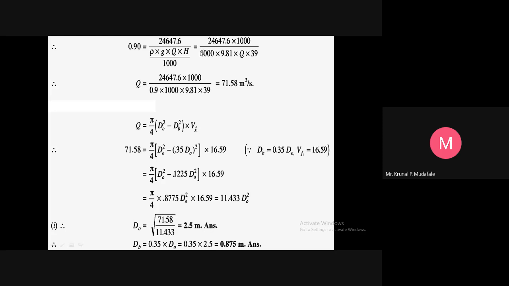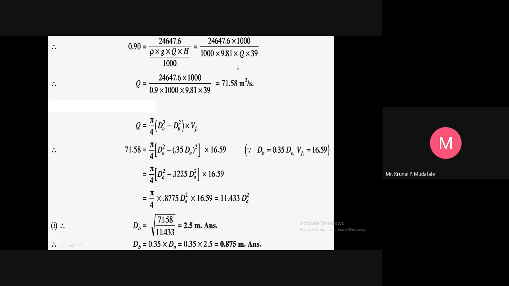Here again the power is given in kilowatts, so convert that kilowatt into watt by multiplying by 1000. So 24,647.6 multiplied by 1000 divided by rho g Q H. Rho is the density of water, 1000, g is 9.81, the discharge is denoted by Q, multiplied by the head, which is 39.